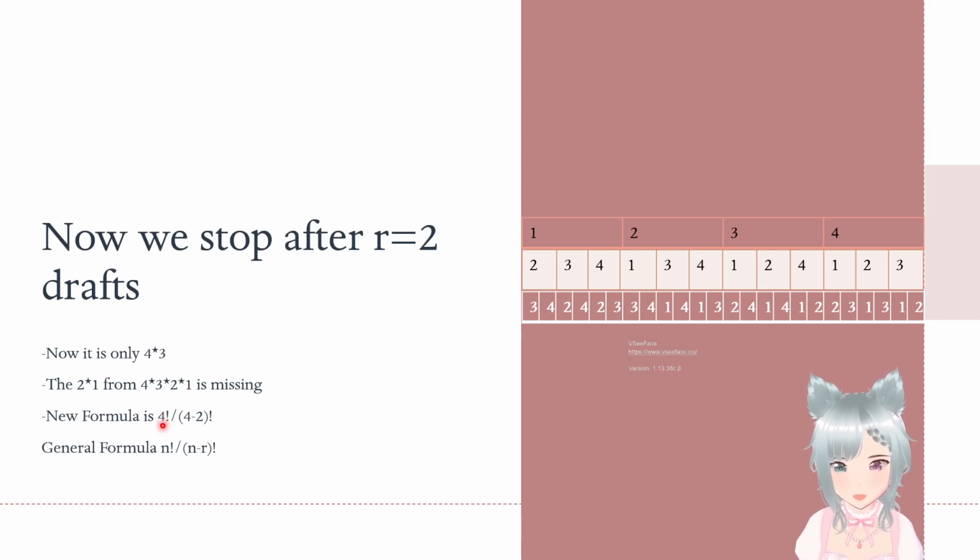So it would be 4 factorial over 4 minus 1 factorial, because 4 minus 1 is 3. And 3 factorial is 3 times 2 times 1, which is what's missing if you only have 4. And if you pull 3 times, then only the 1 is missing, and then we have 4 minus 3.